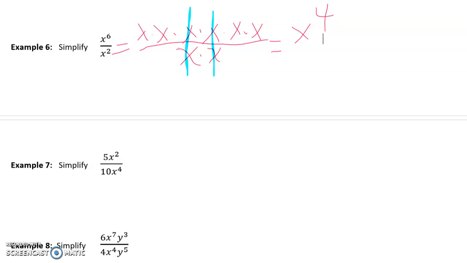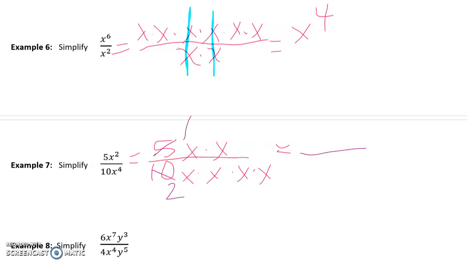Now let's just write all of these out. So we've got 5x times x. On the bottom, we have 10x times x times x times x. Okay, let's see here. Well, the 5 divided by 10, we can divide them both by 5. So if we divide them both by 5, we get 1 and 2.